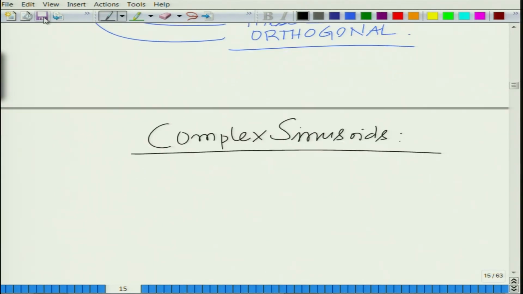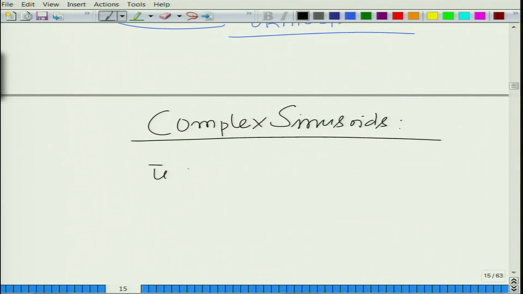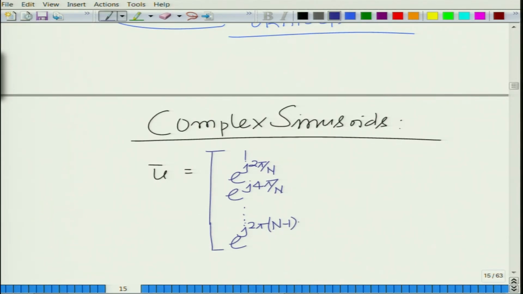For instance, let us call this u bar: 1, e raised to j 2 pi over n, e raised to j 4 pi over n, and so forth, up to e raised to j 2 pi (n minus 1) over n.